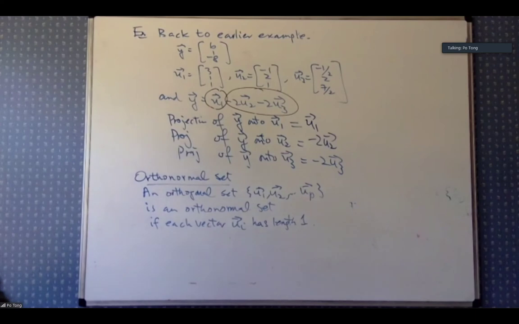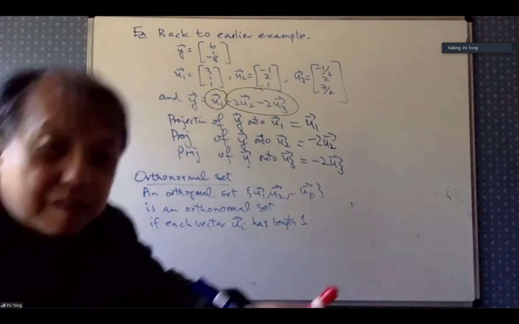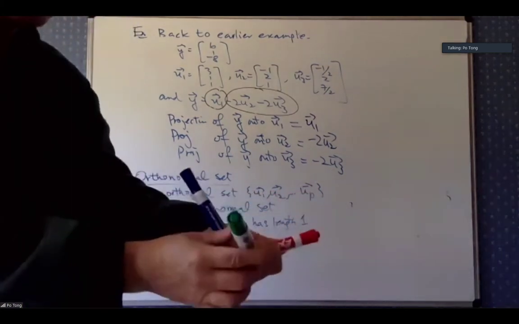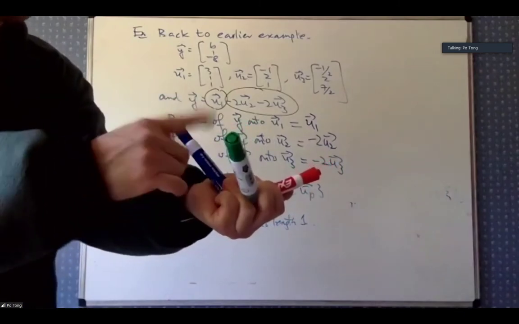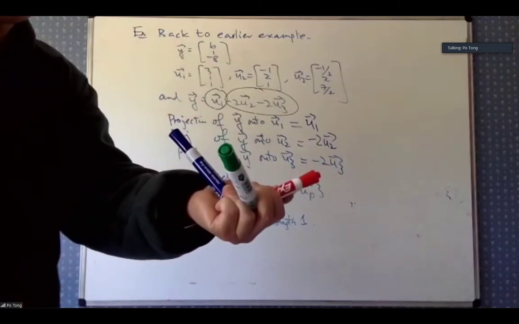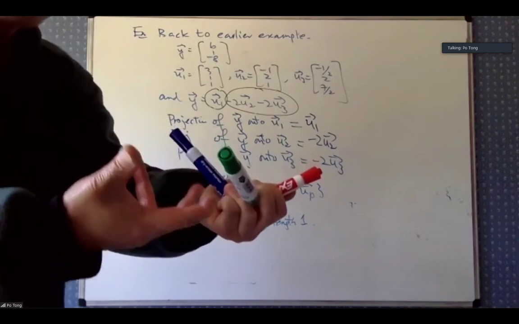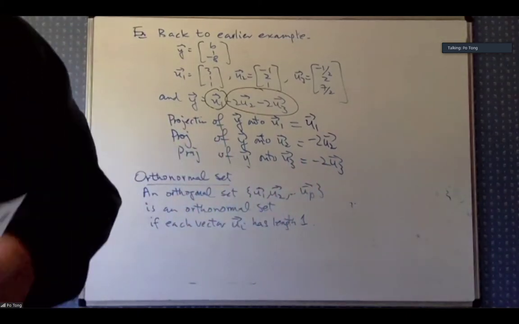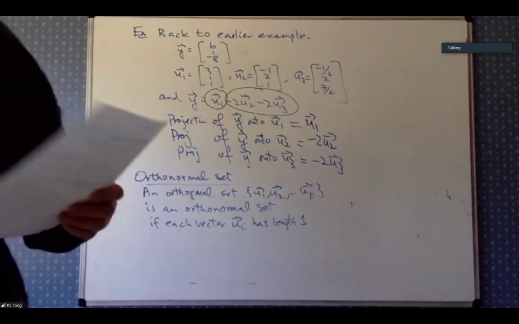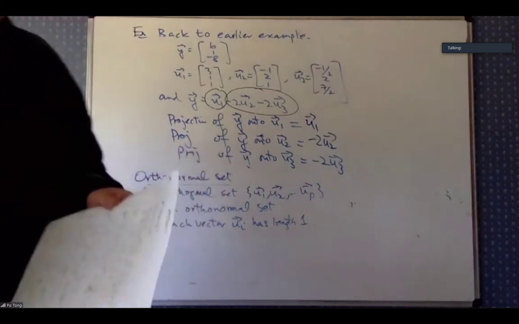An orthogonal set is already nice. But some of them may be too long, some of them may be too short. If you normalize it, it becomes an orthonormal set, which is even nicer.